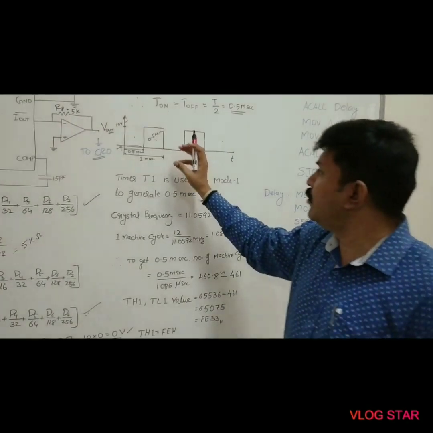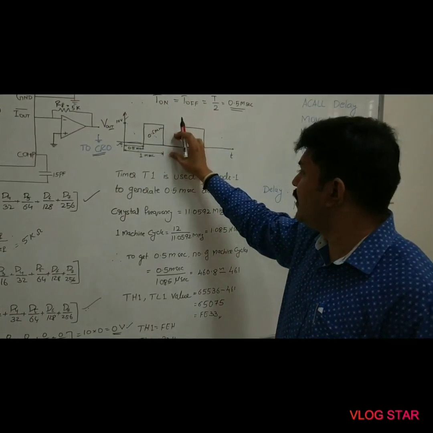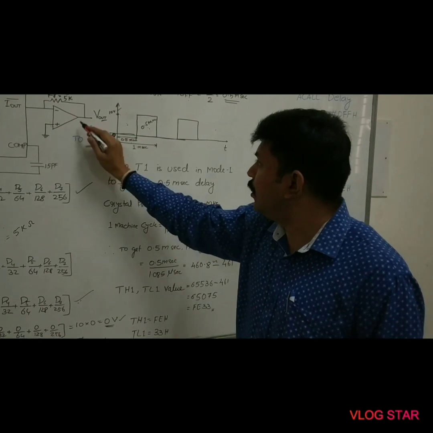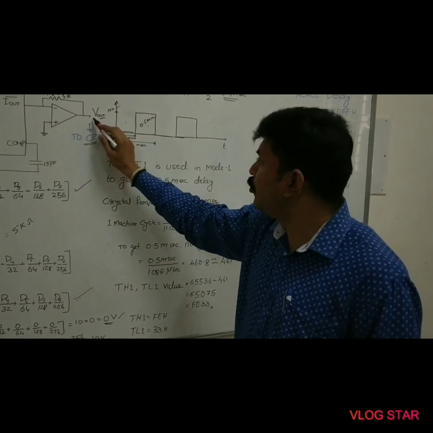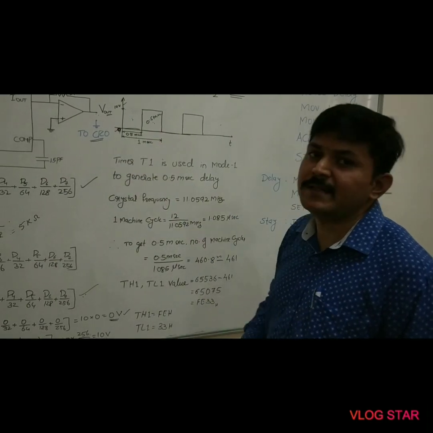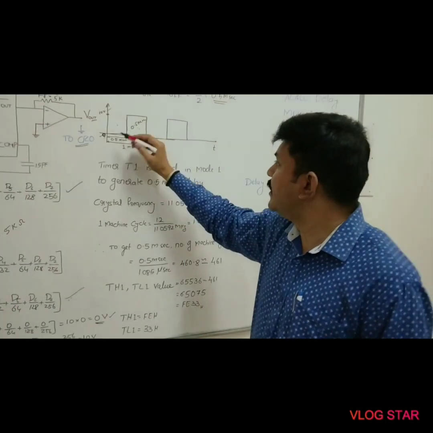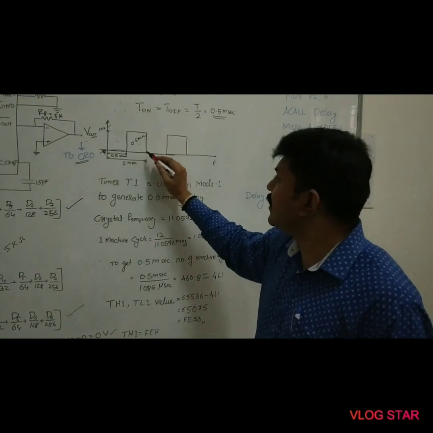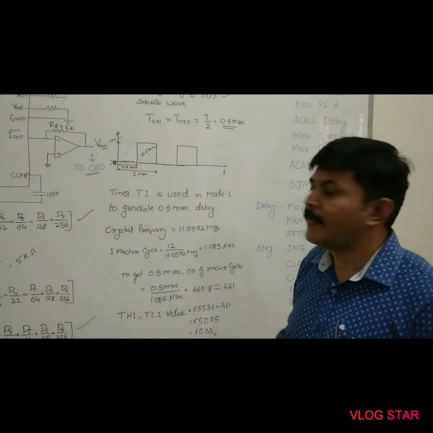So the concept to generate the square wave here is, I'll keep the output of this circuitry at 0 volts and I'll generate a 0.5 milliseconds delay. And I'll keep the output at 10 volts and generate a 0.5 milliseconds delay.